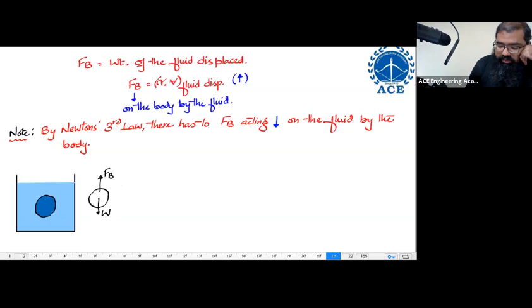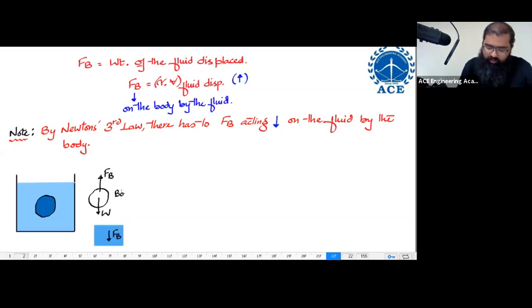Okay, imagine I'm drawing the free body diagram of the fluid. I'm not showing all the forces acting on the fluid, but there has to be one force at least you have to show, and that force is FB downward.